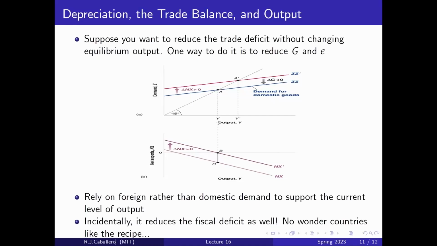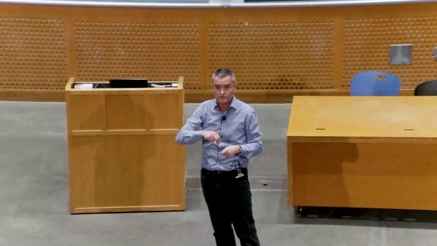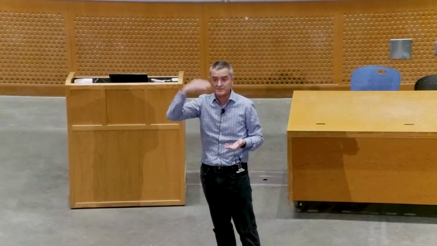That's very typical. Suppose you're in a situation where you have a very large trade deficit, but you're okay with the equilibrium level of output you have, then a typical package is you depreciate your currency, but you also reduce government expenditure, okay? Because depreciation of the currency is expansionary. It improves the trade deficit, but it's also expansionary because you relocate expenditure both of residents and foreigners towards your good. That increases demand for your good, increases output.